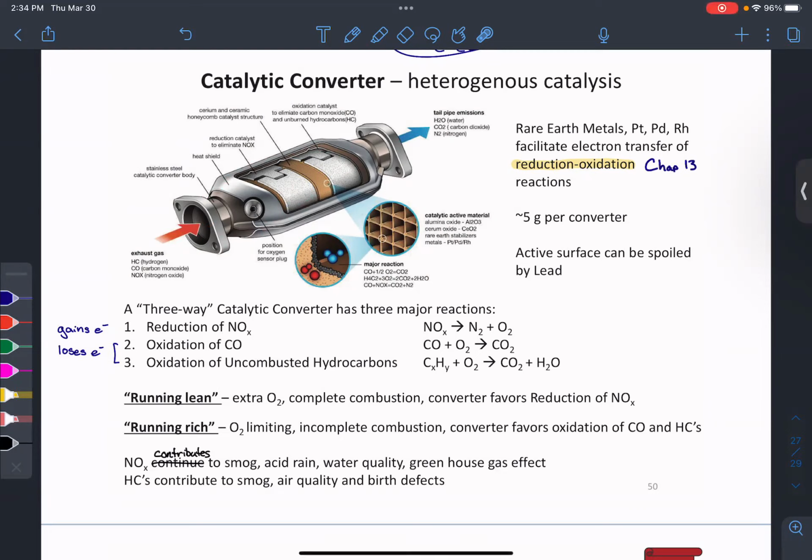The type of reaction that it facilitates, or speeds up, is an oxidation-reduction reaction, which we will actually talk about in chapter 13. We're not quite there yet, but just know that it catalyzes a certain type of reaction, reduction and oxidation. There are about 5 grams of rare earth metals inside a catalytic converter. It's not a lot.